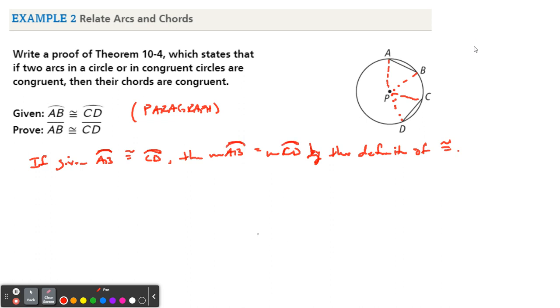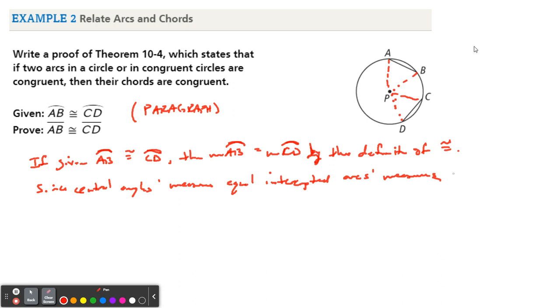Okay, so now since central angles' measures equal intercepted arcs' measures. And again, I probably should have said if the measure of the central angle is equal to the measure of the intercepted arc.